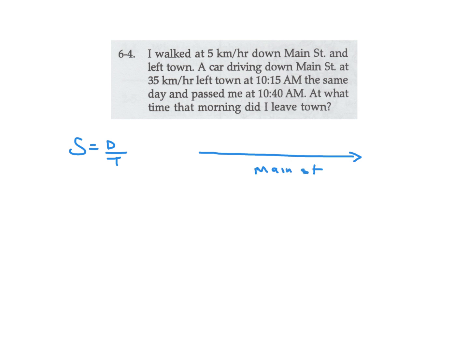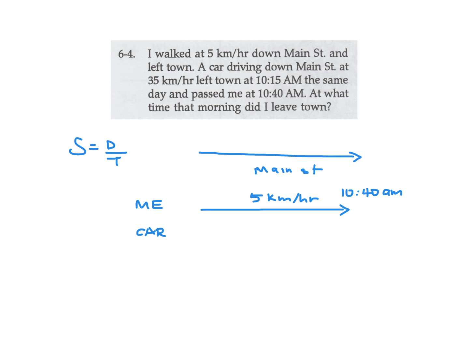And then we are traveling down this street. And let's see what we can discuss. So we have the person, and then we have a car. And the first scenario is 5 kilometers per hour. And at 10:40, I guess, is when this car passes.